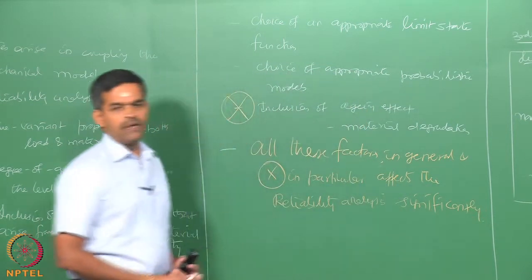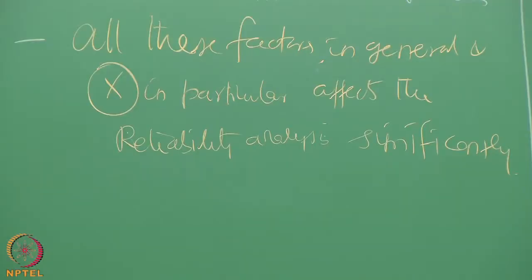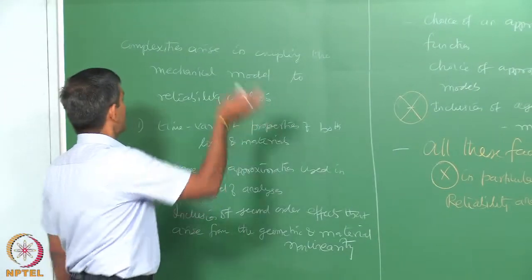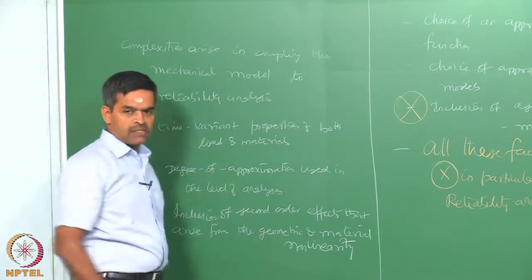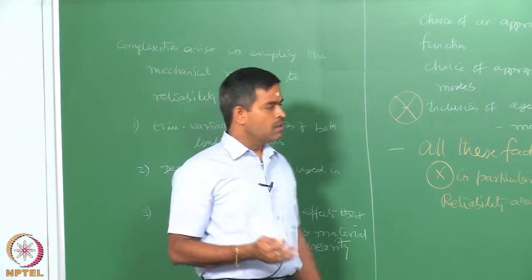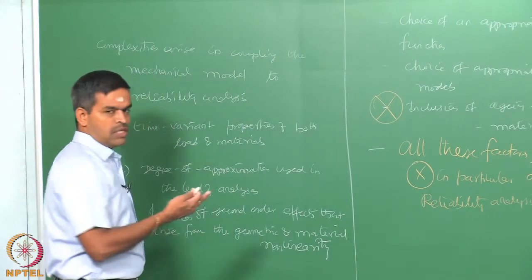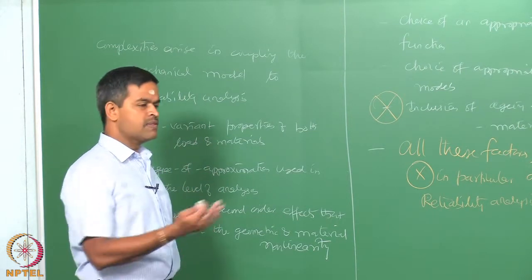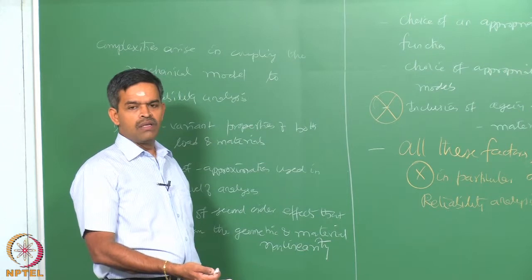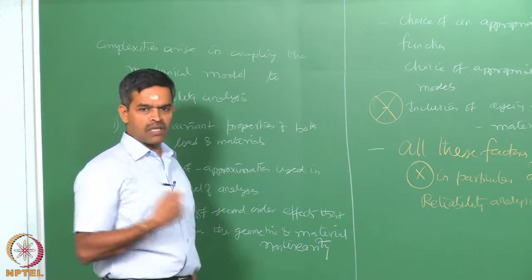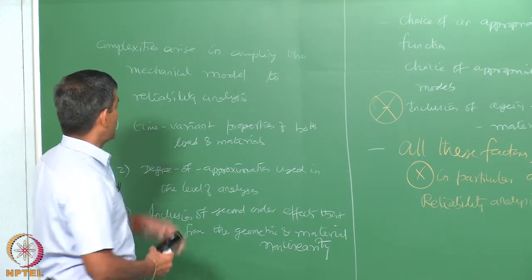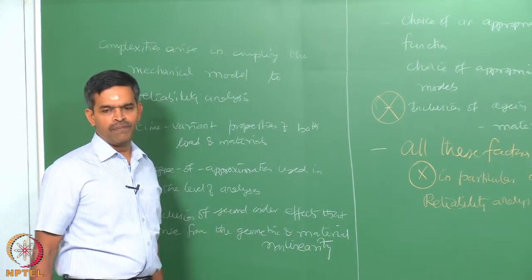So, essentially one should be able to capture the effect of all these factors which will amount to the coupling between the mechanical modeling and the reliability analysis as close as possible, because if you look at all these factors closely, these are actually true depiction of the physical behavior of the system or the material in terms of its behavior under the given state of loading, which is going to be represented in the mechanical model, of course, to scale.